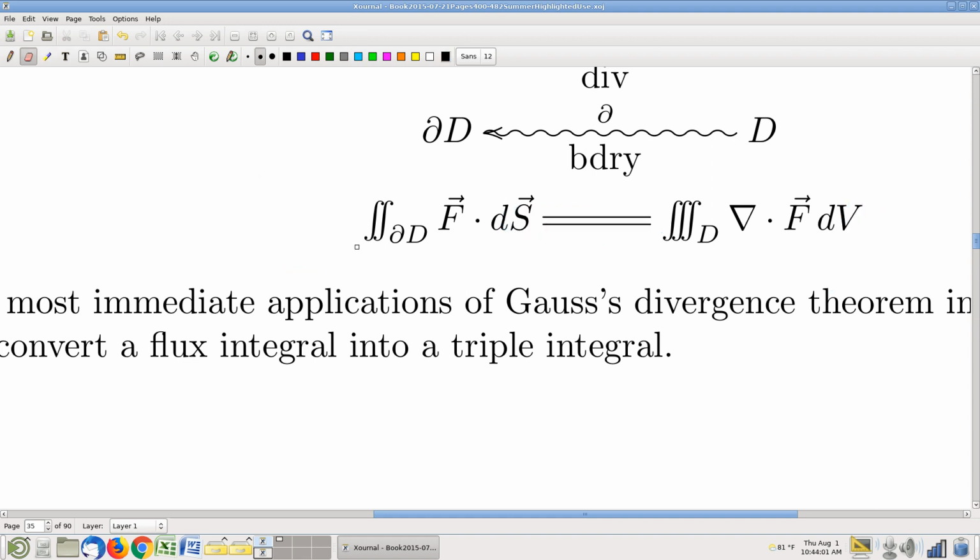Or do we find ourselves interested in a lot of different triple integrals, and find it very convenient to compute them with flux integrals? You can go either way. It's true either way. Most of the time, we want to know a flux, and we find that it's easier to compute it with a triple integral. Most of the time, we use this theorem to the right.